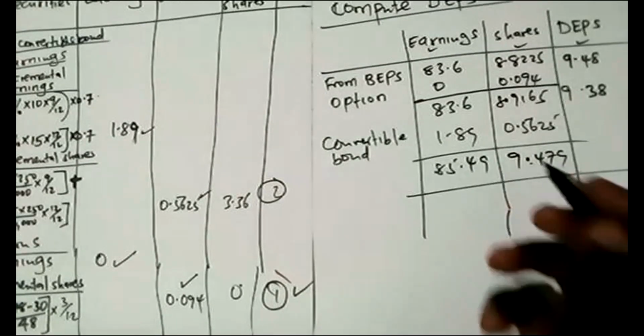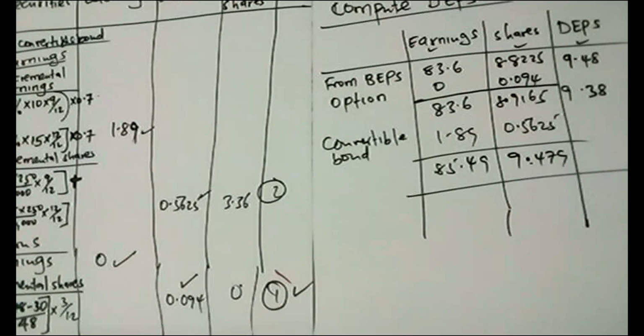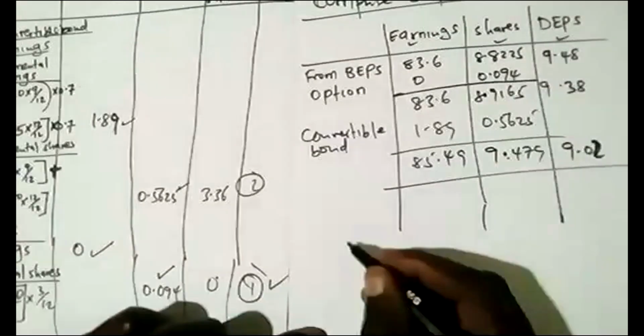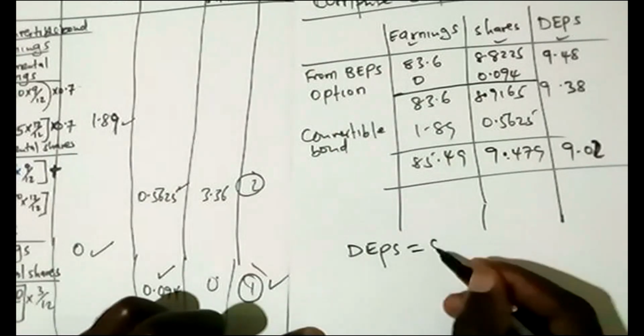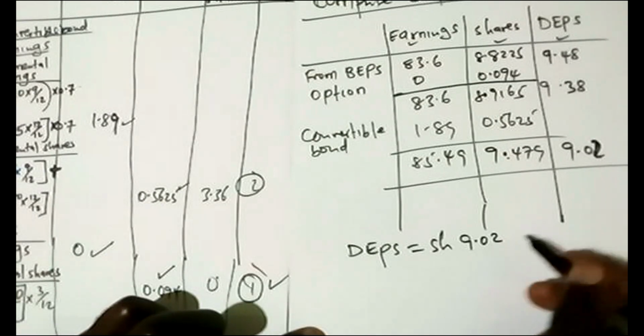So you divide the two, 85.49 divided by 9.479, and you get 9.02. So we can conclude that diluted earnings per share is equal to shillings 9.02 per share.